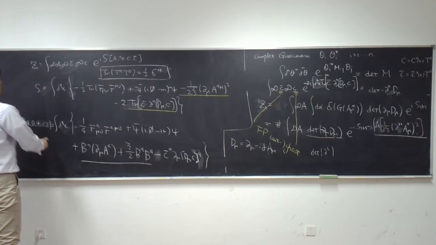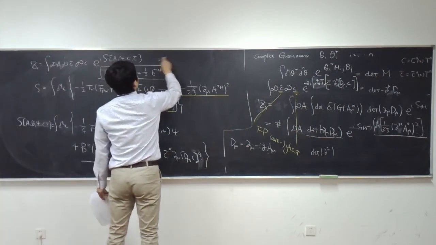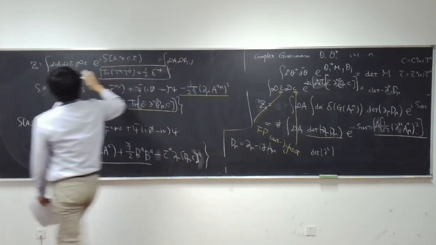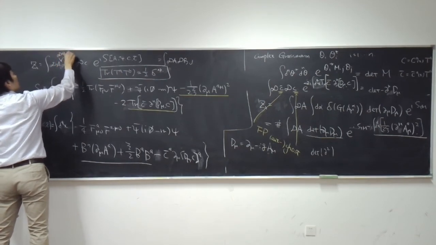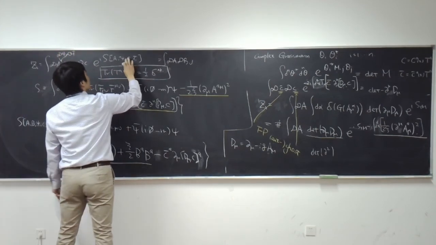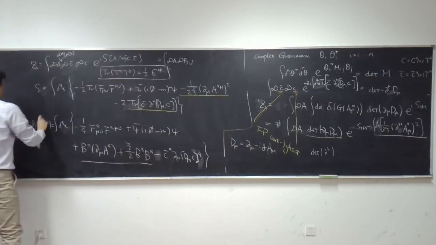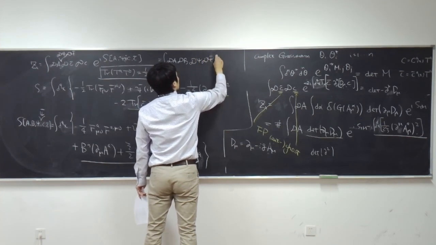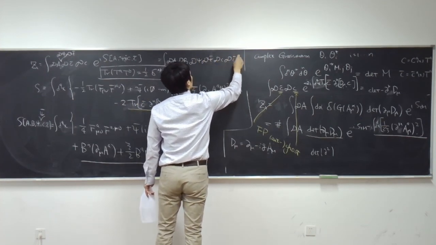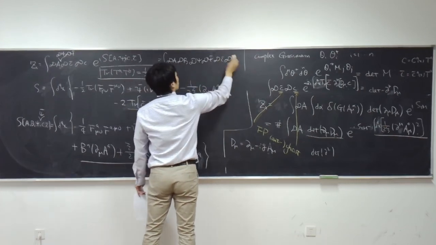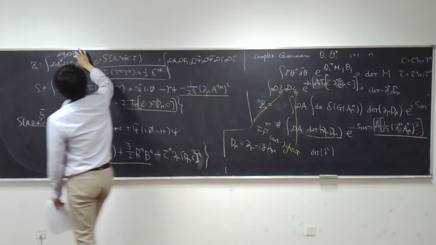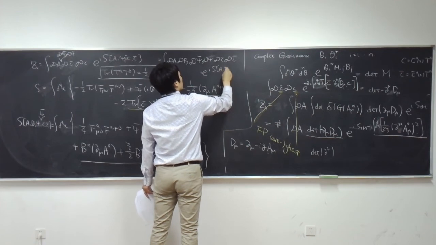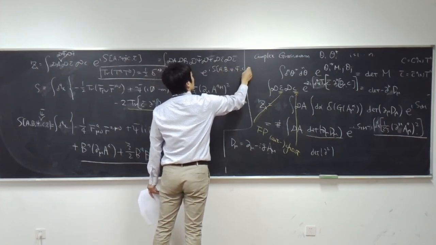And then this is equal to the integral of dA, dB, okay, sorry, d psi bar, times e to the i S of A, B, psi bar and C bar.